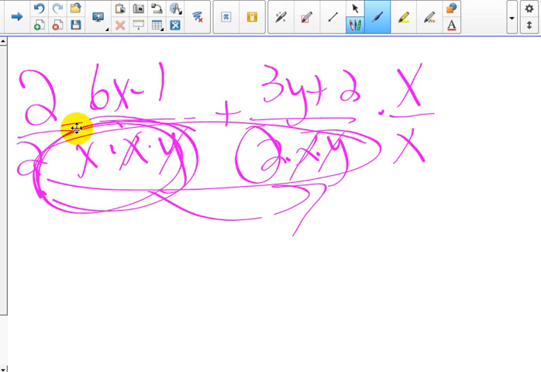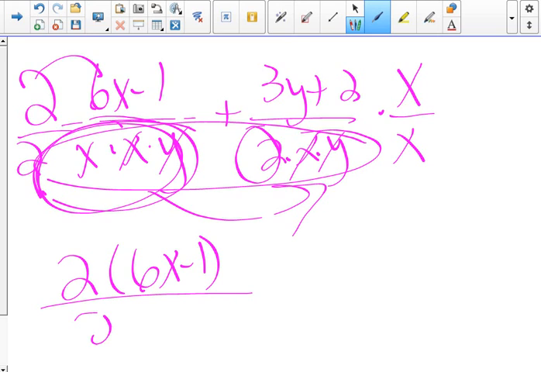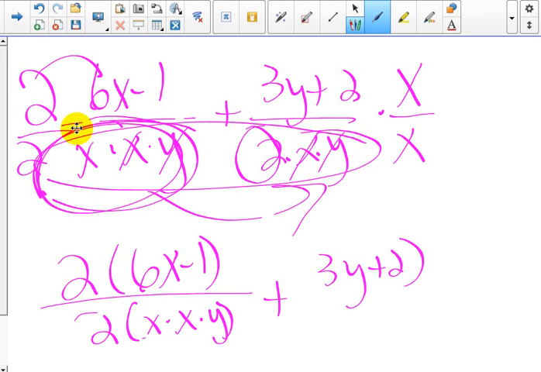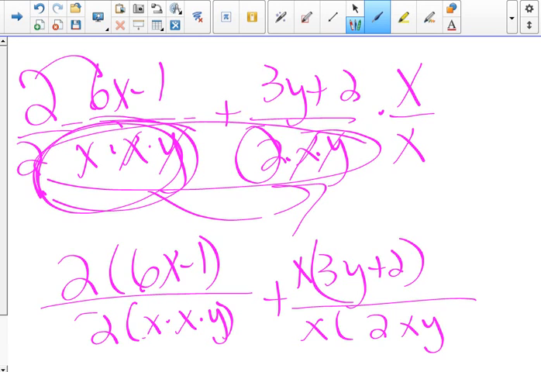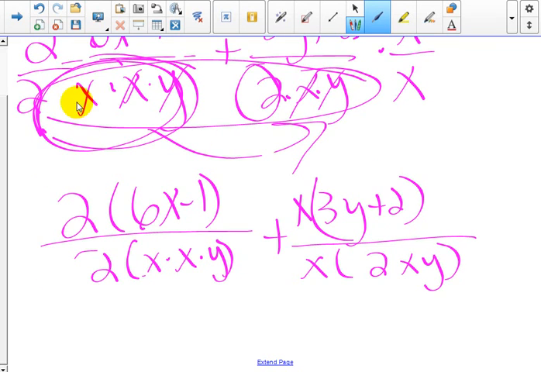So I'll just rewrite it first. 2 times 6x minus 1 over 2 times x times y. And we're going to add 3y plus 2 times x and x times 2x y. Okay, so I just rewrote it a little better.